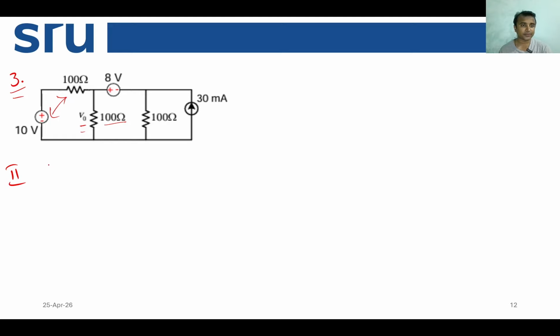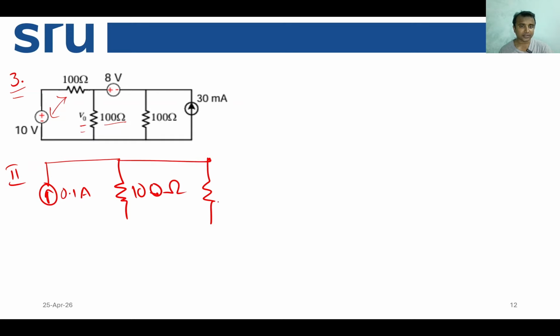V equal to IR, so it should be 10 divided by 100, which means 0.1 ampere of current, and there is a 100 ohm resistance connected in parallel, then another 100 ohm in parallel.